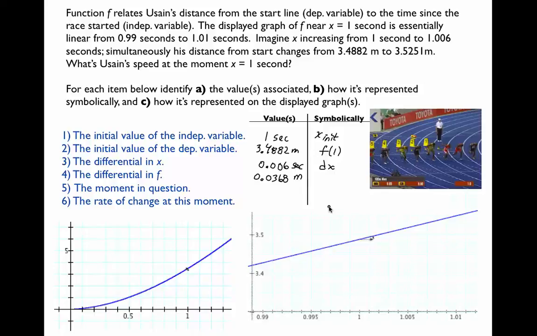Is he 0.0368 meters from the start line? No. What does this number mean? Starting from 3.4882 meters from the start line, he changed that much. That was how much this distance increased. Got it? Keep working on the difference between the value of a variable and the value of a change in the variable.